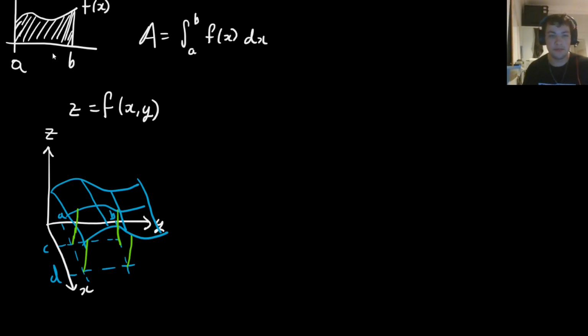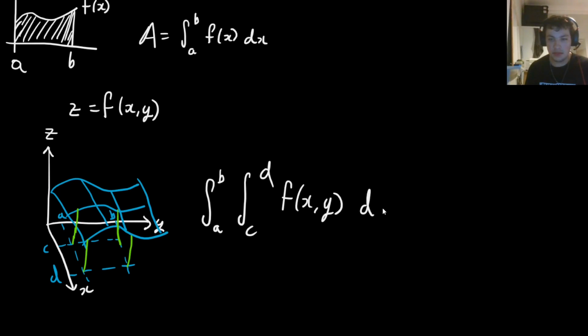The volume of this is the integral from a to b, integral from c to d, f of x, y dx dy.